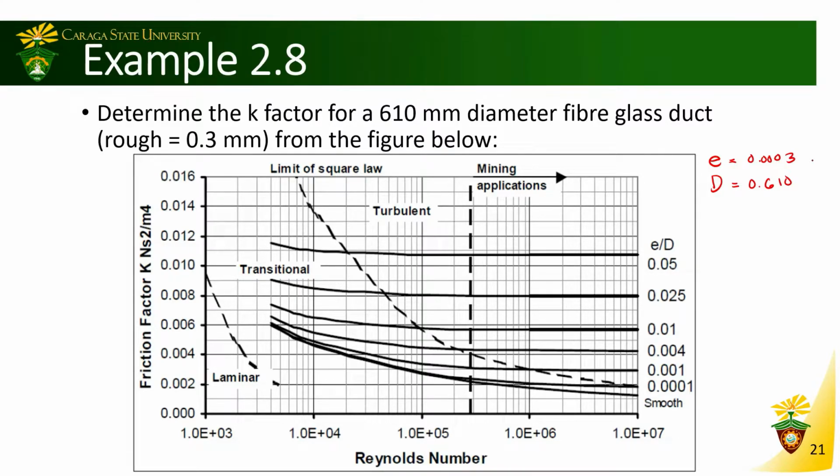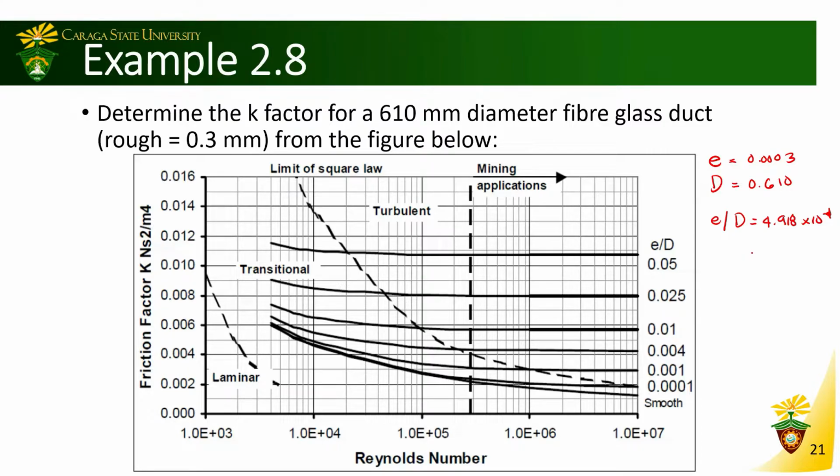So these are all expressed in meters. Therefore, we could compute e over d equal to 4.918 times 10 to the negative 4.